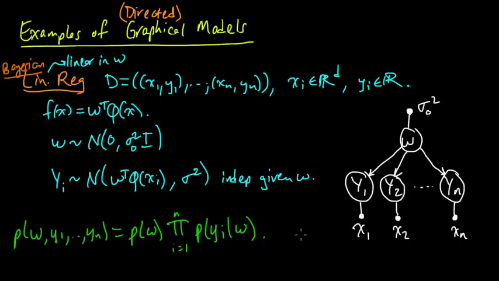And that's exactly the form that we needed the joint distribution to factor into in order for that distribution to respect this graph, right? Forget about these other things hanging off here for now. We have W, and then y1 depends on W, y2 depends on W, and so on up to yn depends on W. So it respects this graph.